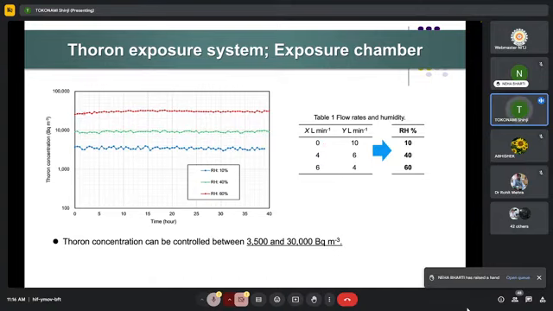The maximum, highest concentration is provided with high humidity, 60%. Therefore, thoron concentration can be controlled between 3,500 and 30,000 becquerel per cubic meter.